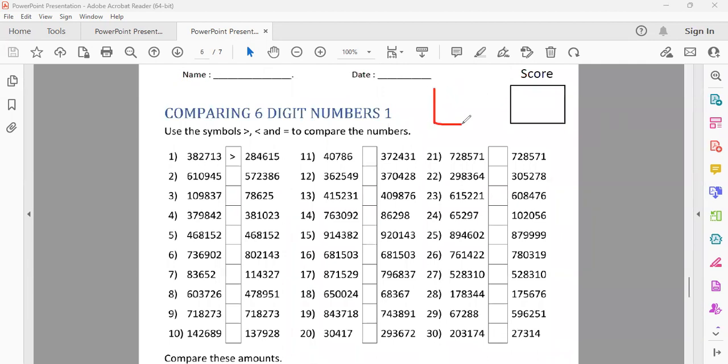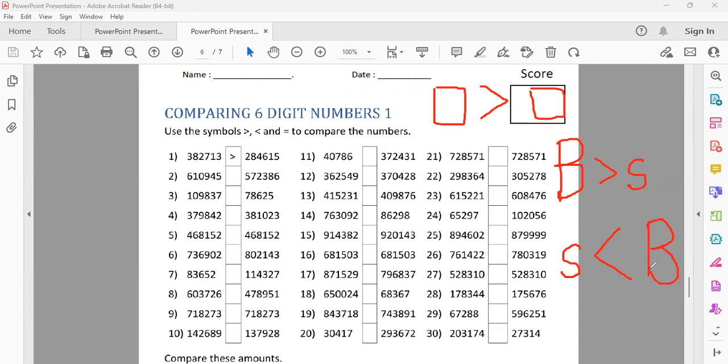If a number on the left is bigger than the number on the right, we can use a symbol like this to show that it's bigger. So, big number, you use this. Now, if that small number is in front first, then you use the reverse sign, and then you have the big number here.